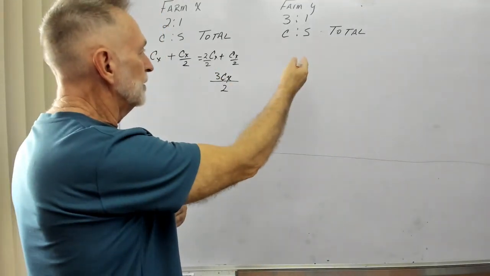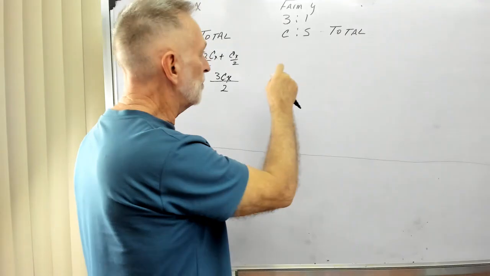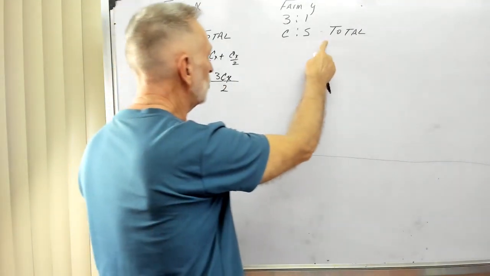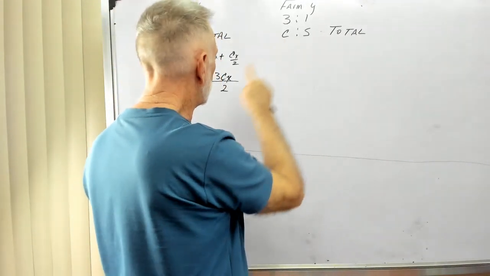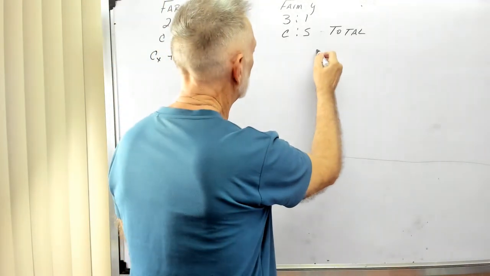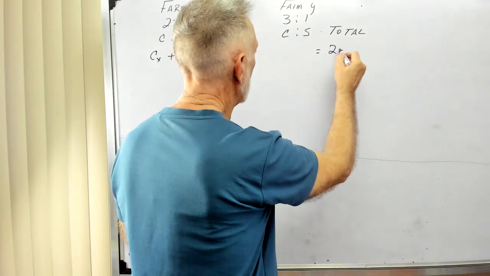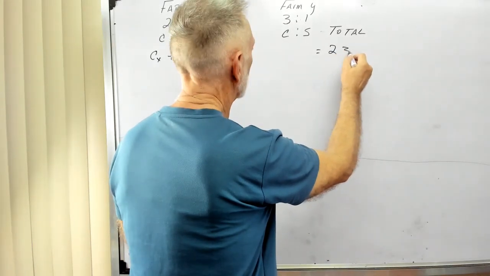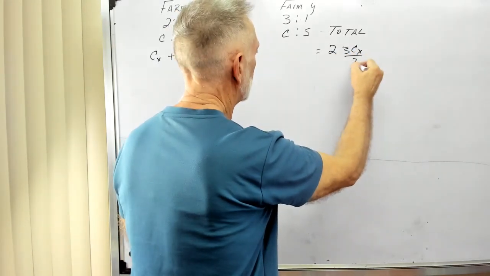Now, in the problem statement, it said the total on Y was twice the number on X. So our total here would be 2 times 3 cows on X over 2.